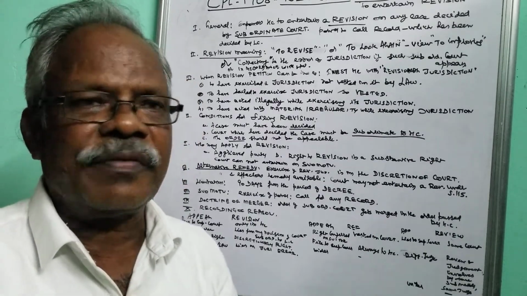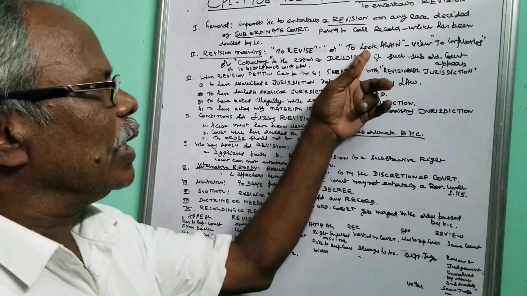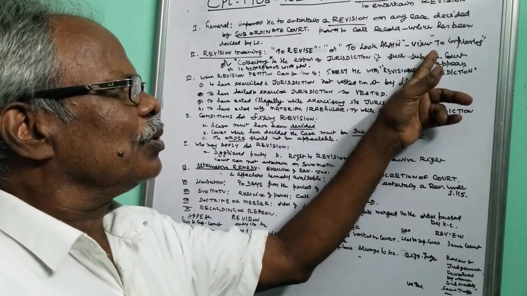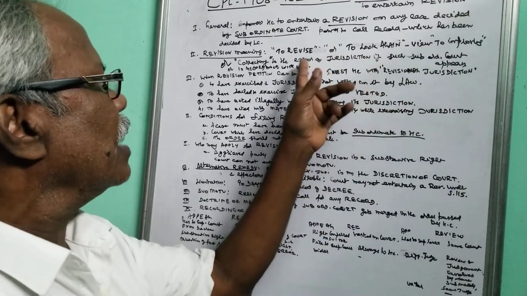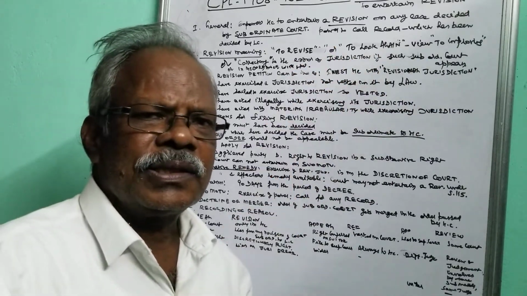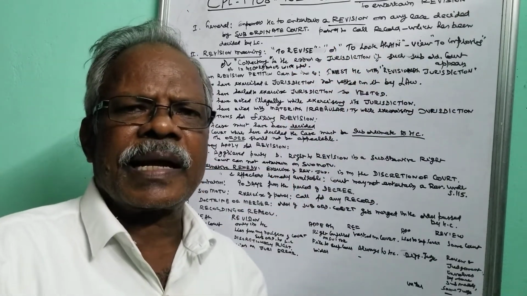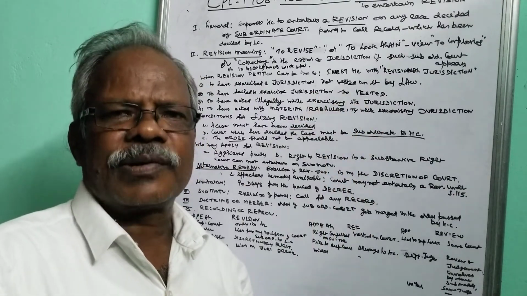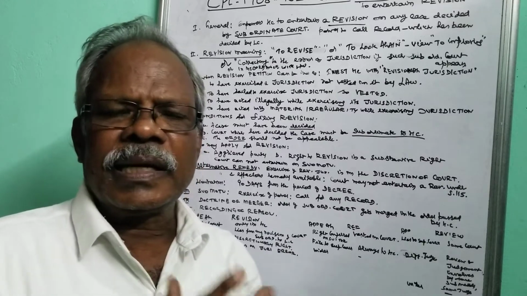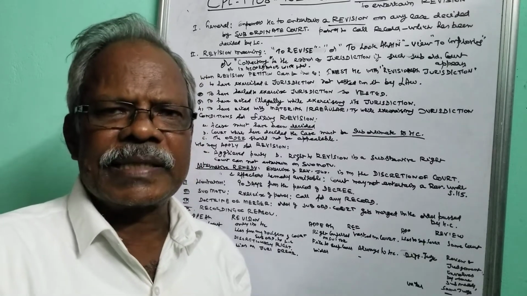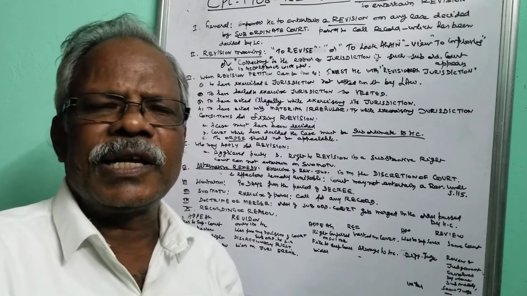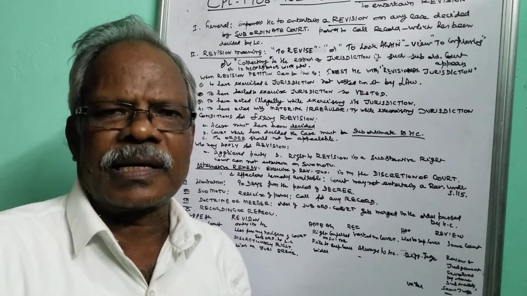Revision means to revise or to look again with a view to improving or correcting the error. So some error of law has been committed by the lower court, or an error of jurisdiction. There are various types of jurisdiction, pecuniary, territorial jurisdiction, and all those jurisdictions are there.